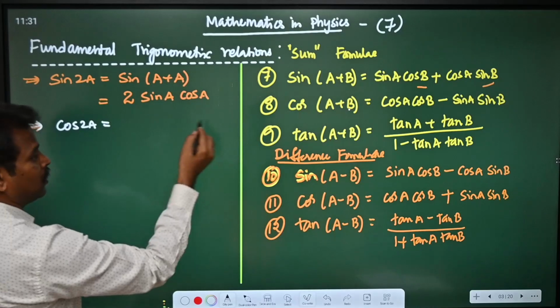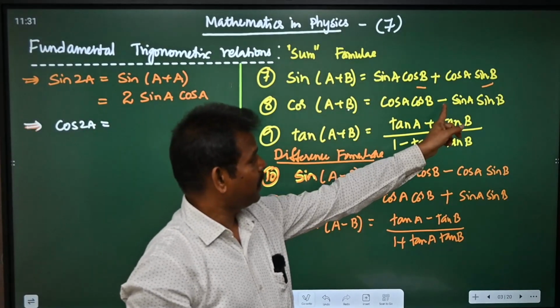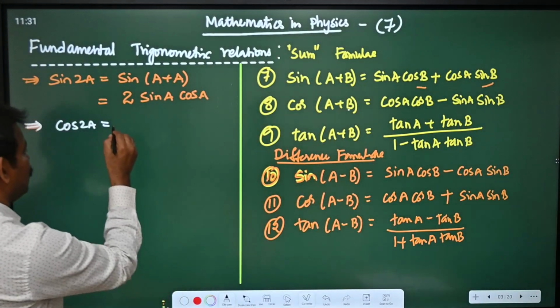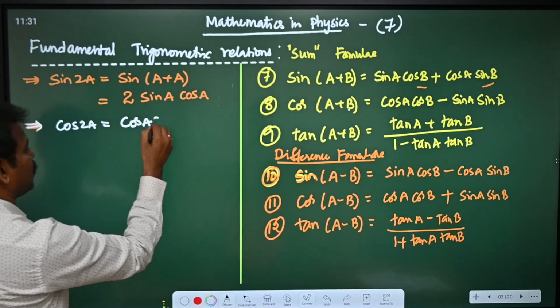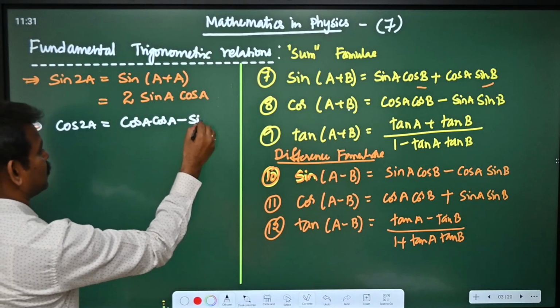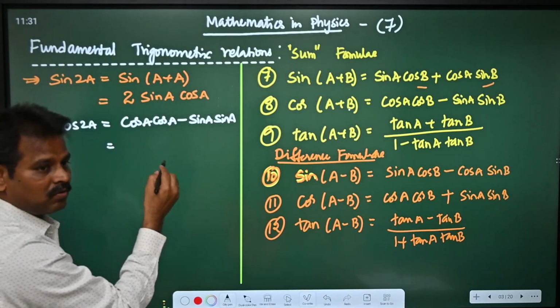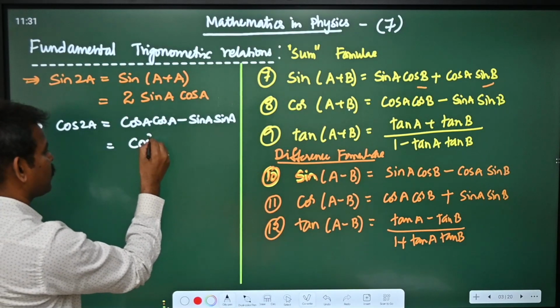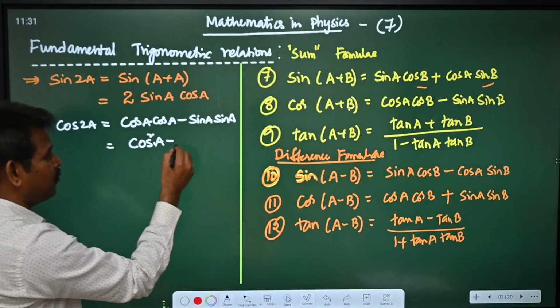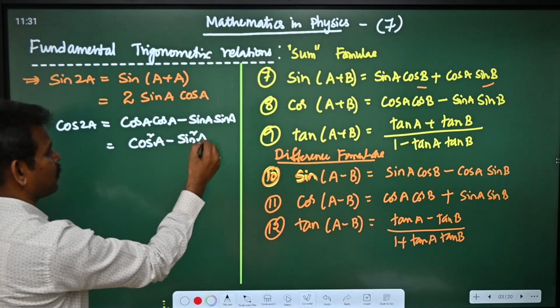So you will get cos a cos a minus sin a sin a. Which means cos a cos a will become cos square a. Sin a sin a will become sin square a.